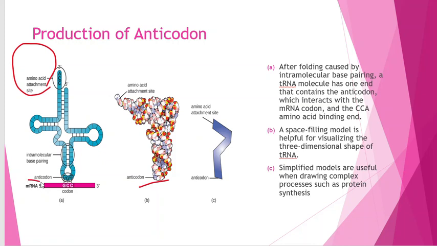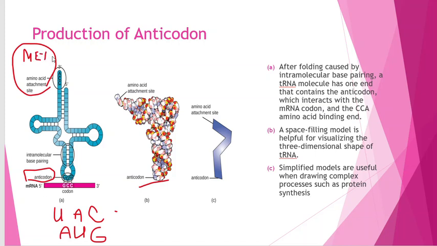This is the anticodon. So I said the first codon is AUG. So the anticodon for that will be UAC. And the tRNA that has the UAC anticodon will be bringing methionine.